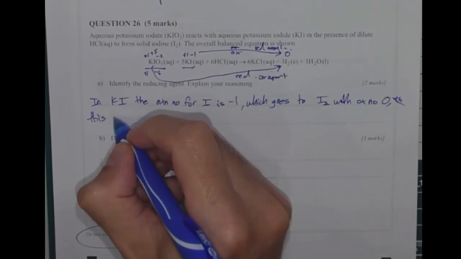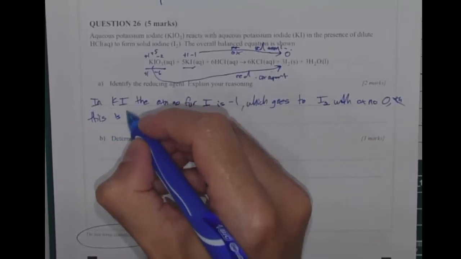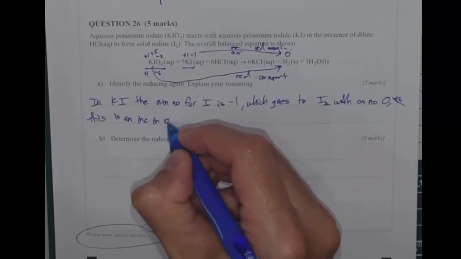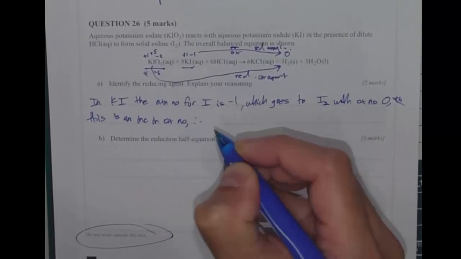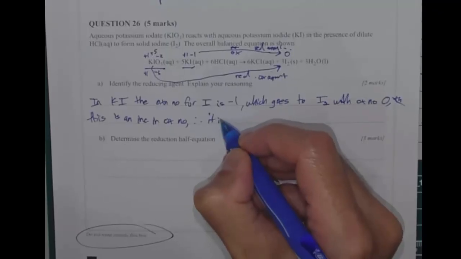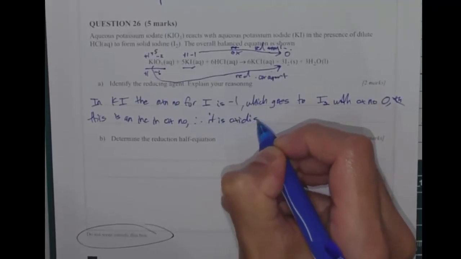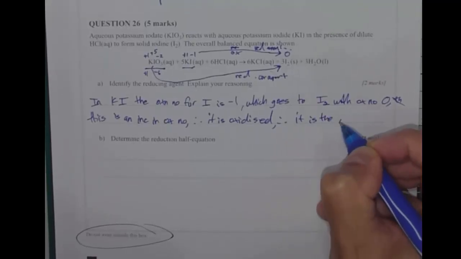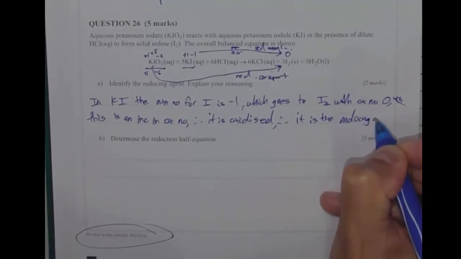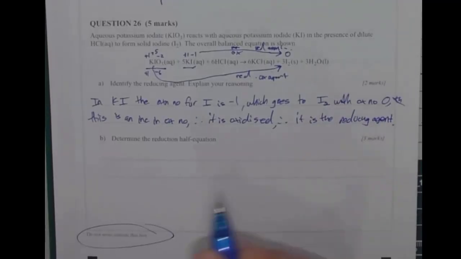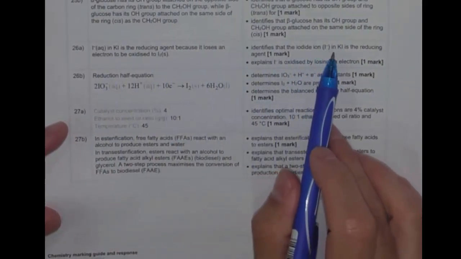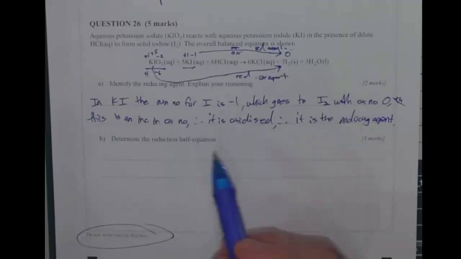This is an increase in oxidation number. Therefore, it is oxidized. Therefore, it is the reducing agent. I probably said 6 things, at least 4. All right. Identifies iodide in KI is the reducing agent.